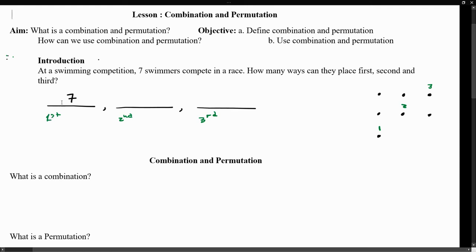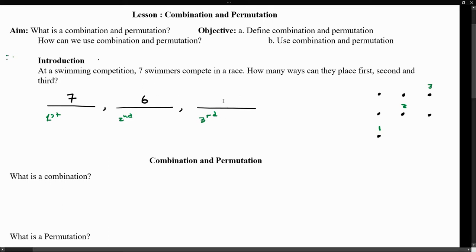Now let's think about this for a second. How many possible selections can I get for second place? Well, since one of them has already been selected as first place, now there are 6 swimmers left to select from. So if I already selected one for first place, then there are just 6 possible selections for second place.